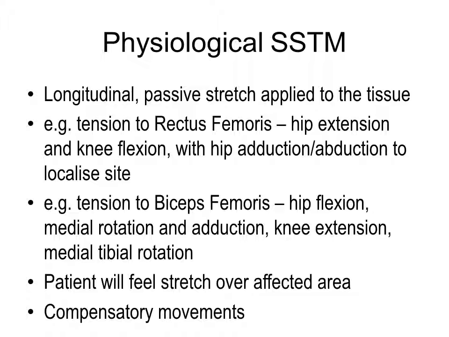And if you have a muscle strain in the biceps femoris, you do exactly the same. So the patient will feel the stretch over the affected area, and you need to move the limb in such a way that the patient feels the stretch exactly at the right spot. So the principle is not to just, for a hamstring strain, tell your patient, go home, do a hamstring stretch.